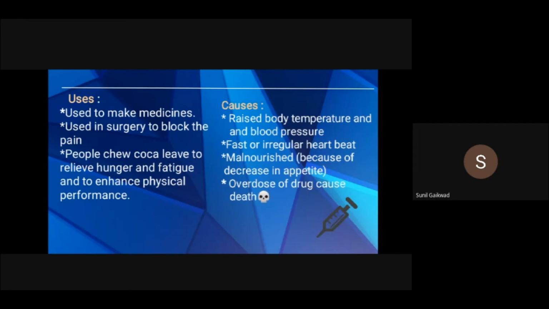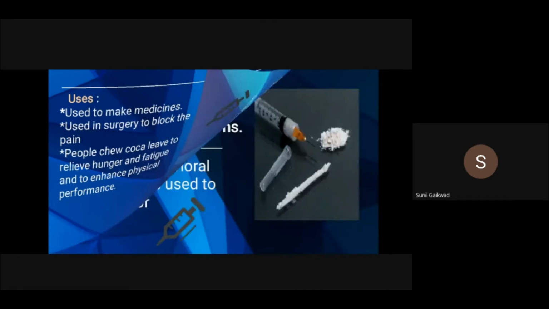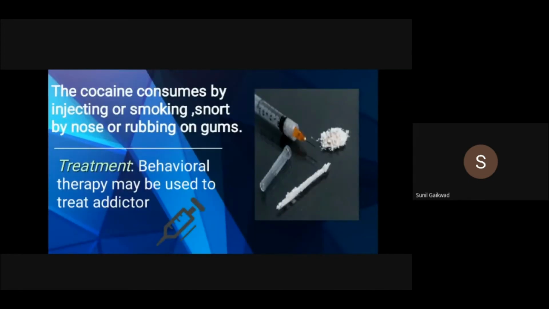Effects of consuming cocaine: raised body temperature and blood pressure, fast or irregular heartbeat, malnourishment because it decreases appetite, and overdose of the drug can cause death too. Cocaine is consumed by injecting, smoking, snorting through the nose, or rubbing on the gums. For treatment, behavioral therapy may be used to treat the addiction.